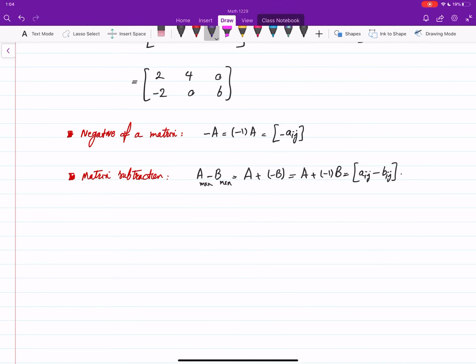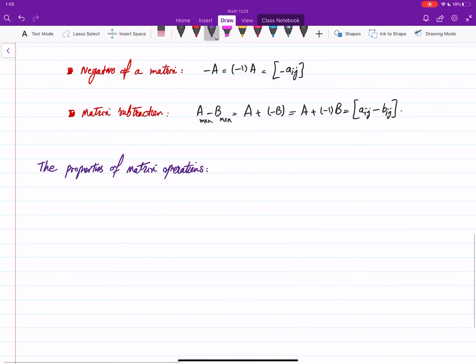The properties of matrix operations. It's very similar to the numbers, at least when it comes to addition and subtraction and scalar multiplication. For example, if you add matrix A to B, it is the same matrix as if you add B to A. It's commutative.